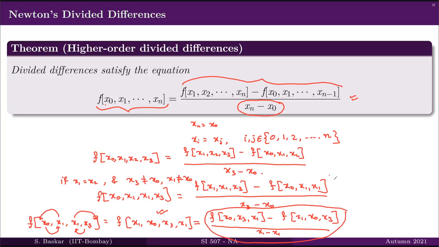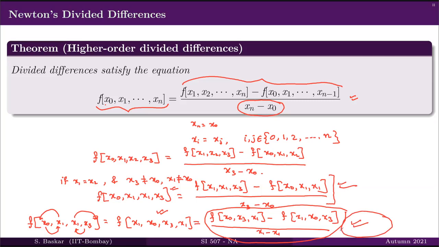At this level, you may see as if there is no problem in calculating this term using this formula, but actually it has a problem with the lower order divided differences if any two nodes got repeated. And using the symmetric property, it is very clearly seen in the formula of the nth order divided difference itself.